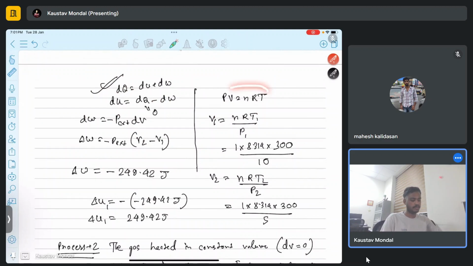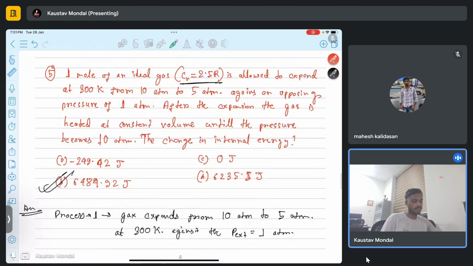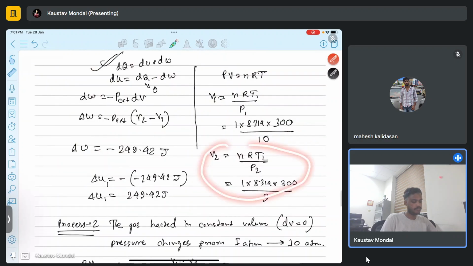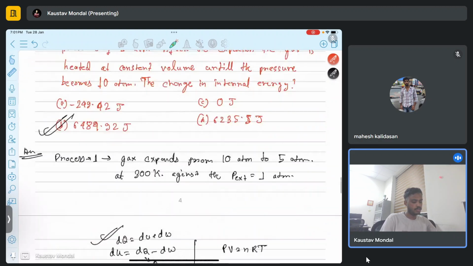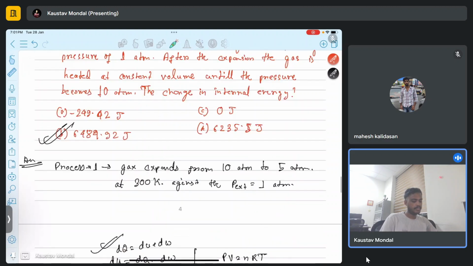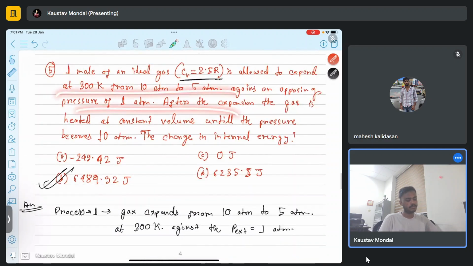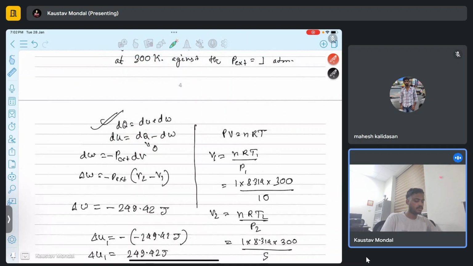We use the ideal gas equation to calculate V1. Similarly, at the final pressure of 5 atm, we calculated V2. Since we got V1 and V2, the change in volume can also be calculated. During this process, as no dq is mentioned, we made dq 0 in the first law of thermodynamics, so dU equals minus dW.